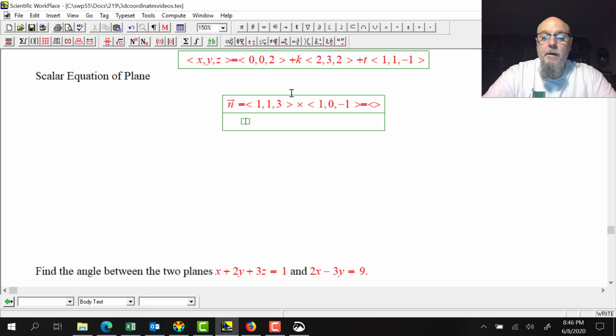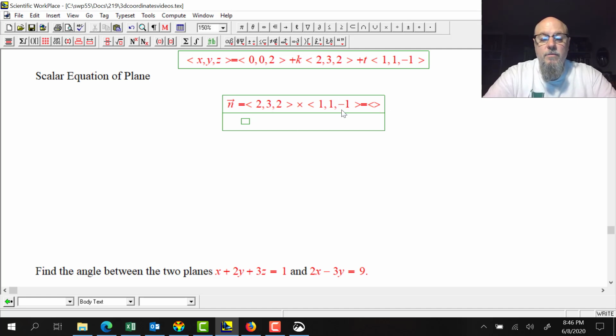Okay, I need to get the normal vector, so I'm going to cross product those two vectors because I need the vector that's perpendicular to both of them. So let's cross product them.